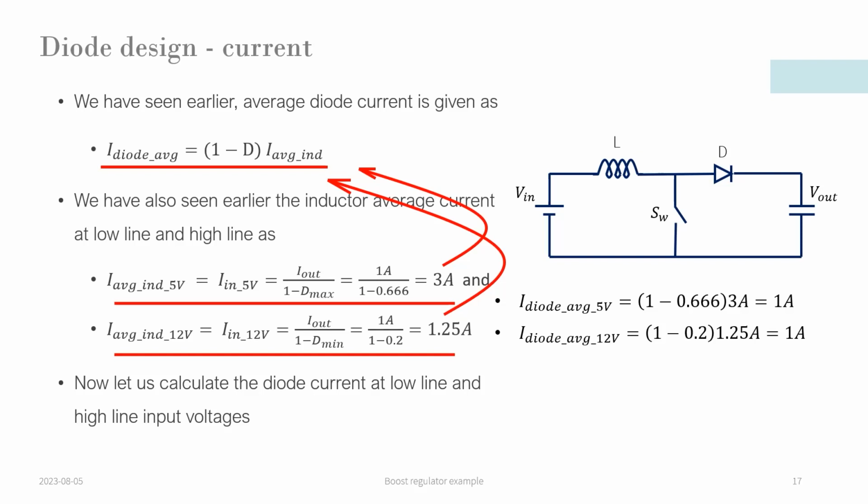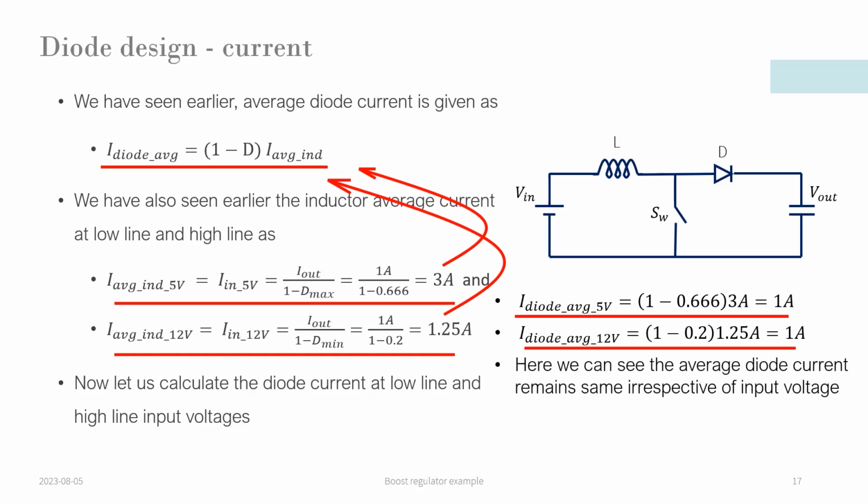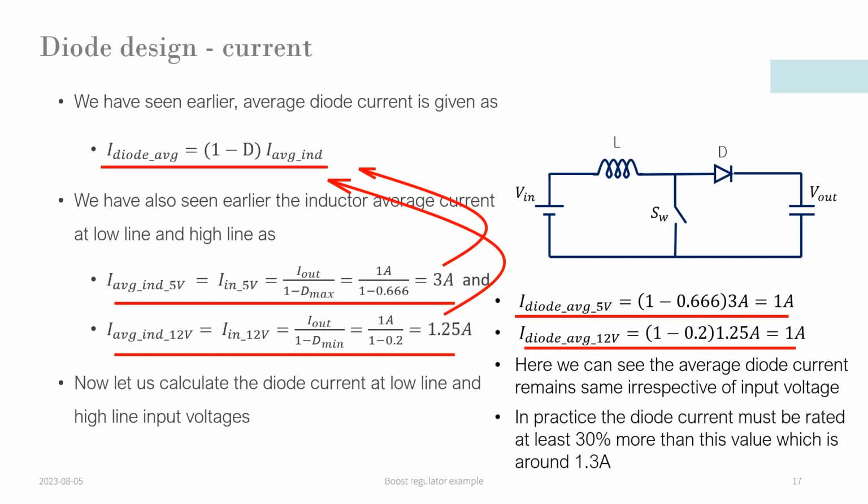Thus, we get two current values, one at lower input voltage and other at higher input voltage. Here we can see that average diode current remains same irrespective of input voltage. In practice, diode current must be rated at least 30% more than this value. This is around 1.3 amps.